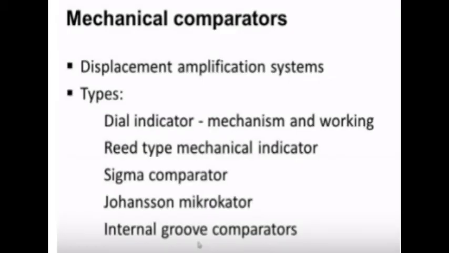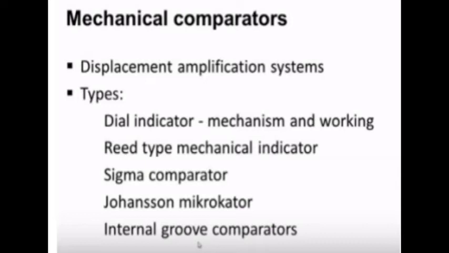Now let us start the discussion on mechanical comparators. Now let us study the different displacement amplification systems, what are the different types of amplification systems used in mechanical comparators, and what are the various types of mechanical comparators.